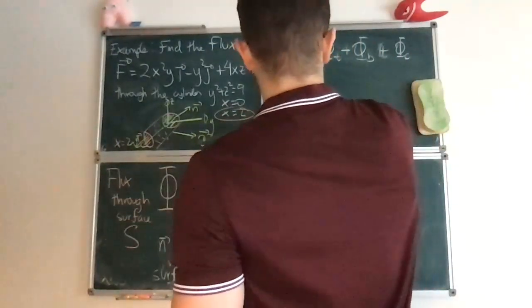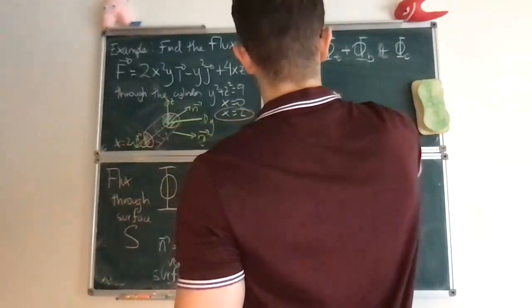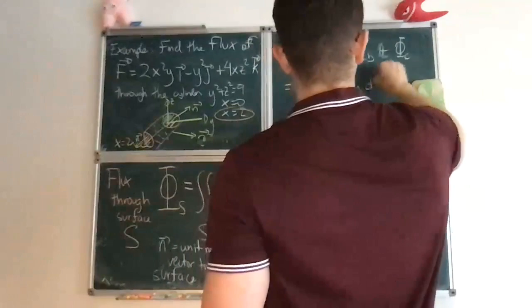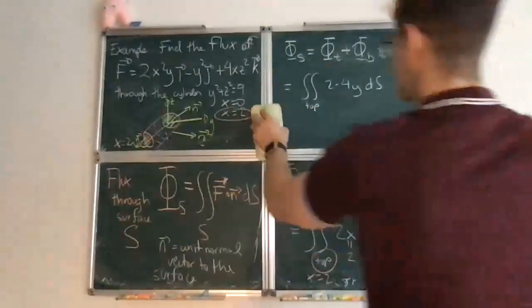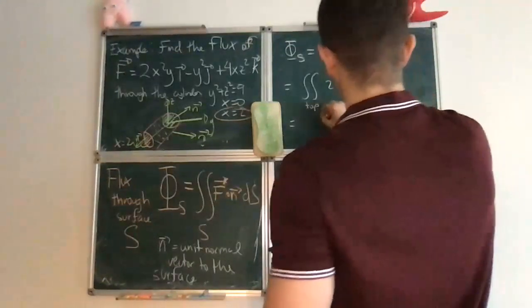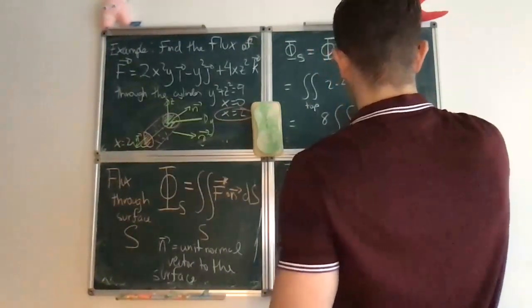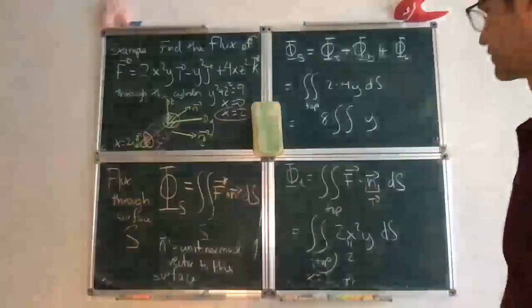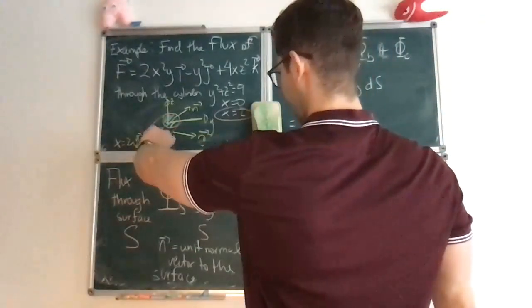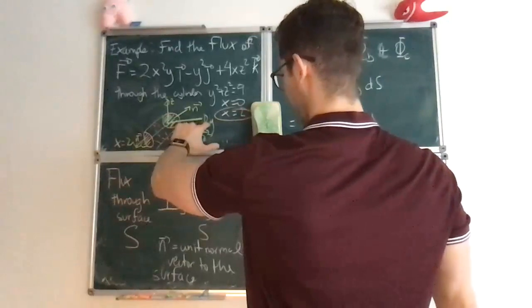You can say that this is the integral over the top piece of 2 times 4 times y ds. And so this is just the integral over the top piece of 8 times y ds. And now here's where I'm going to use polar coordinates, but the polar coordinates that I'm doing are really like polar coordinates for yz.